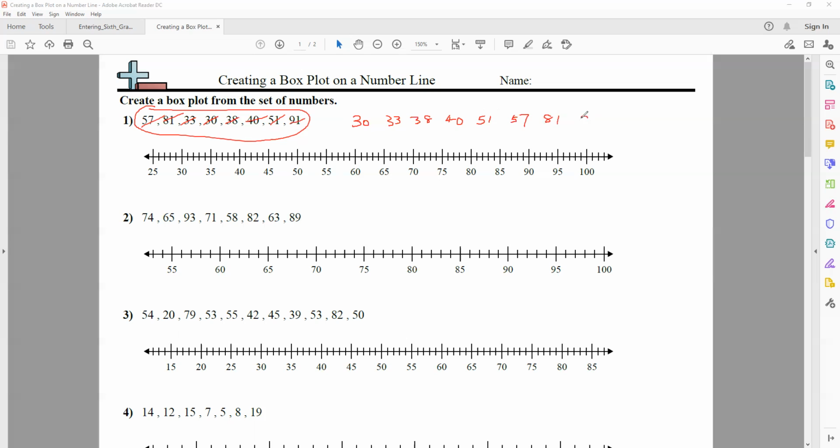Now, eight numbers is a little bit tricky. So first, this smallest number is called the minimum. So I draw a line here. Let me make a thick line if I can. That's too thin.